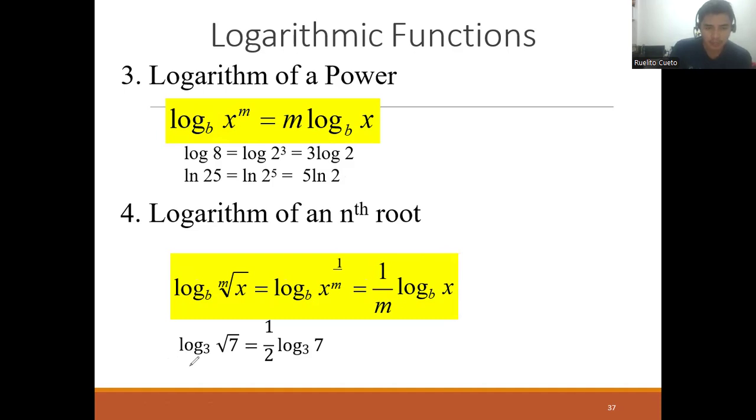Now, your example is log of the square root of 7 to the base 3, that is equal to 1/2 times log of 7 to the base 3. Okay?